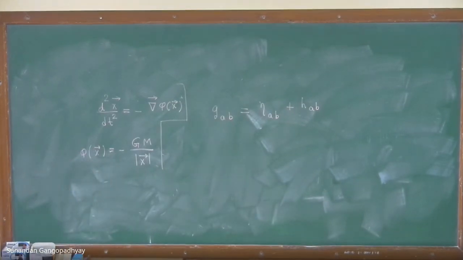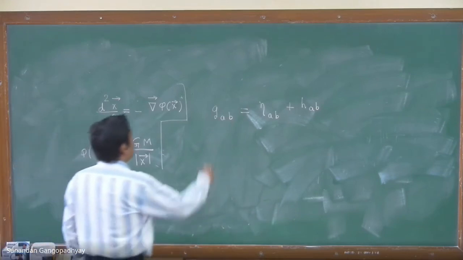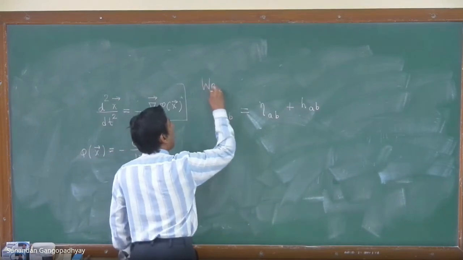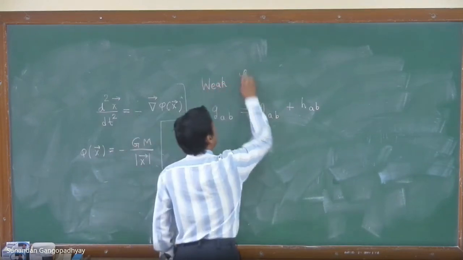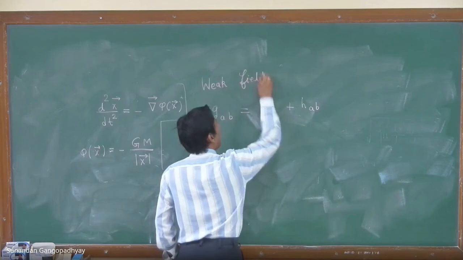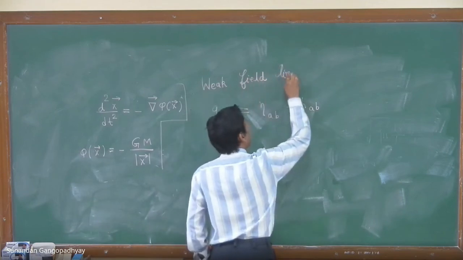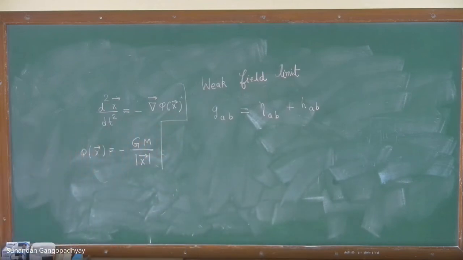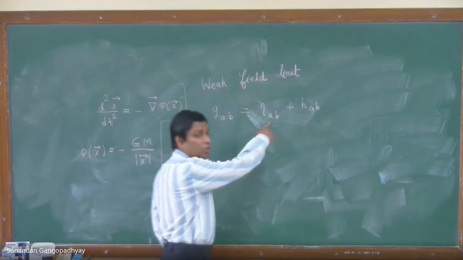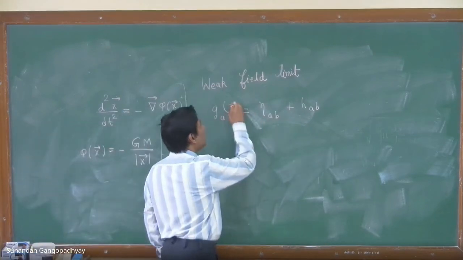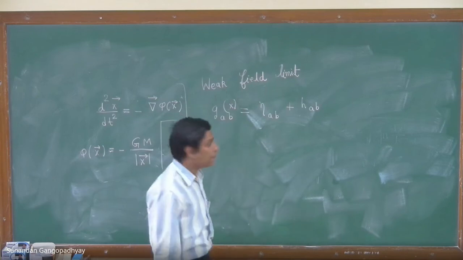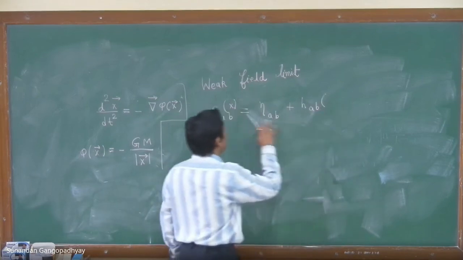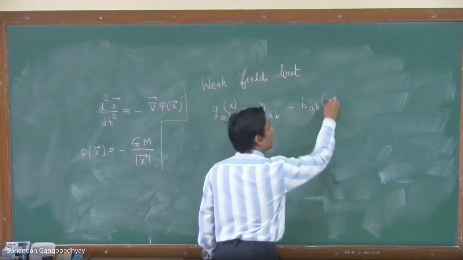It's assumed to be small in magnitude. Obviously eta_ab is a constant, g_ab is a function of x, a function of the coordinates.